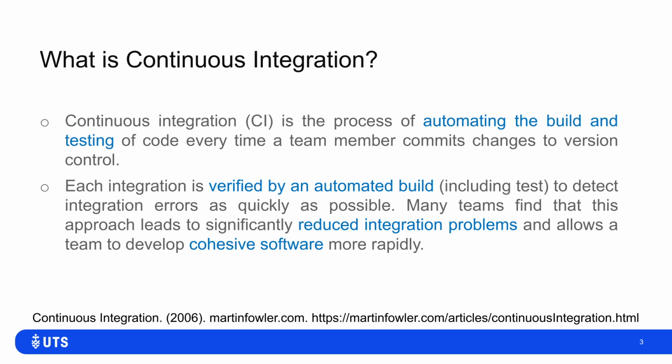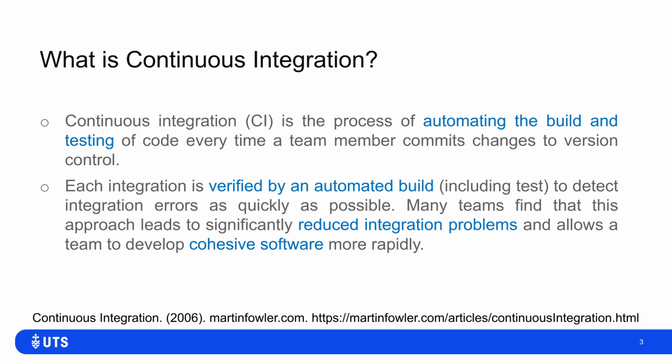So it's basically what we have done in the last two workshops. In the week 3 workshop, we have done this pipeline setup. It's basically automating the build process, and in the workshop of week 4, we have done automated testing. So that's actually putting the testing process into the CI process as well.